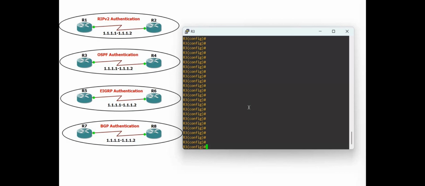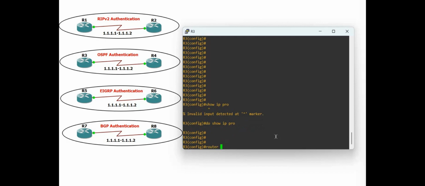The IP addresses are already configured, so we don't need to. First we have to configure OSPF. Let me show you, do show IP protocol. You can see there's no protocol running.